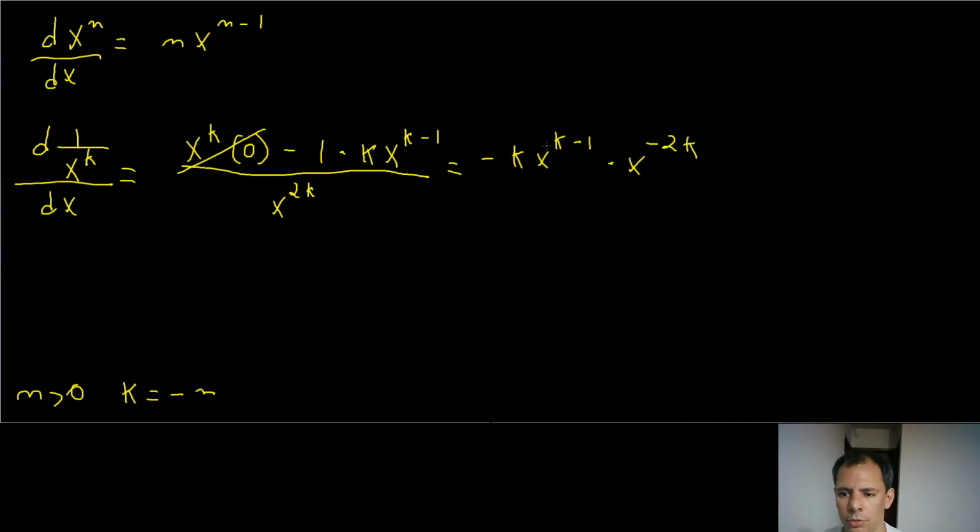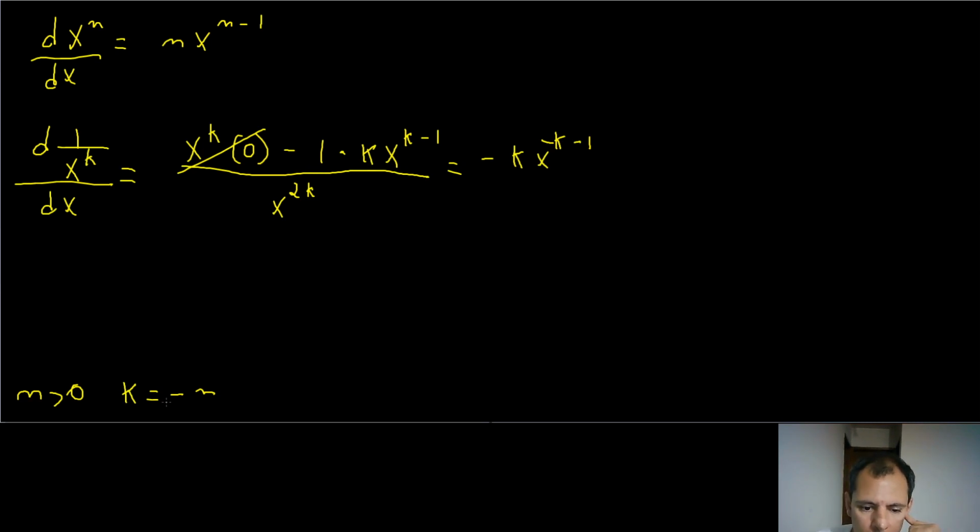All I got to do is add the exponents: k minus 1 minus 2k equals minus k minus 1. So you got here minus k x to the minus k minus 1. Okay, so it's done. I differentiated.